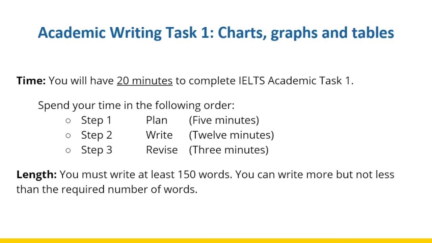And in Step 3, you should have at least 3 minutes to go back and revise your essay. Also remember that you have to write at least 150 words, and you definitely can write more words, but not less than that. So keep in mind, you have only 20 minutes and you need to write 150 words in Academic Task 1.